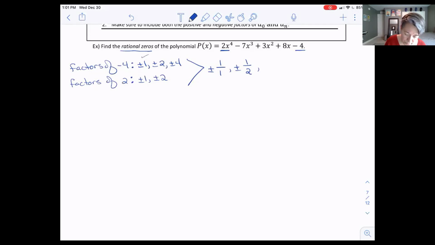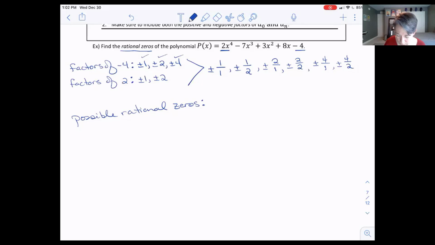Now we're going to use the next factor of 4. So we can have plus or minus 2 over 1, or plus or minus 2 over 2. And now we use the 4. We can have plus or minus 4 over 1, or plus or minus 4 over 2. Now, some of these repeat, so let's clean it up a little bit. Possible rational zeros.